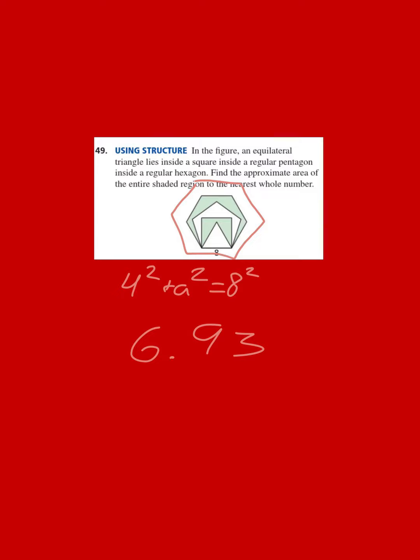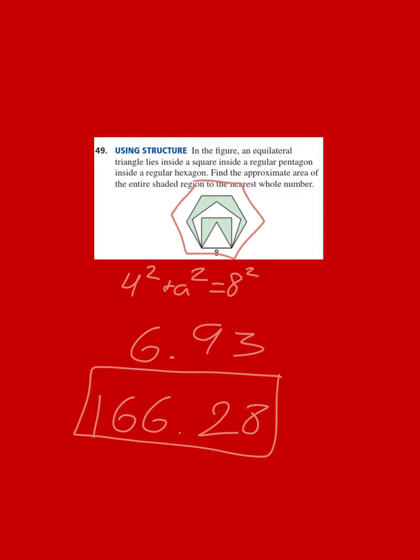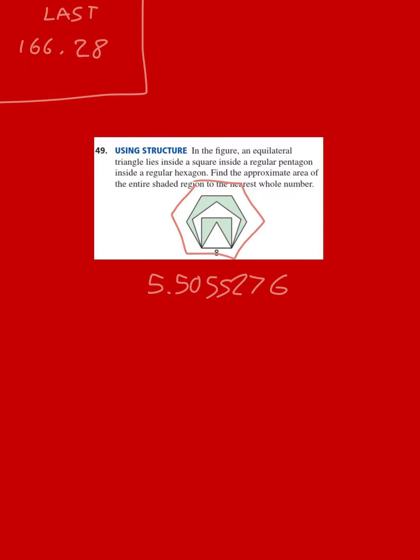Now multiplying half of the apothem, 3.4641, by the length of the side, 8, by the number of sides, 6, giving us the area of the hexagon, which is about 166.28. The first step to finding the area of the pentagon is finding the apothem by using tangent. Each angle is 72, so to find the apothem we would do 4 tan 36, which is 5.5055276.